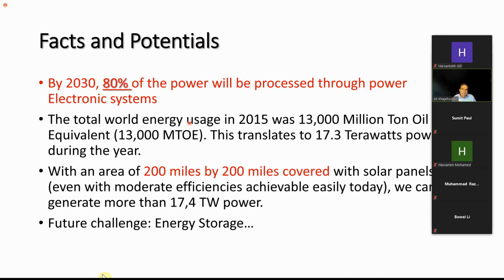But the problem is these energy sources, like the wind and the solar, are all intermittent sources of energy. It means you cannot rely on them. They're there for a second and they're not there for another. So this intermittency, this on and off, is the problem. How can we solve this?